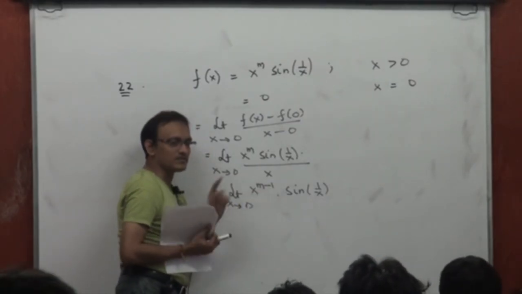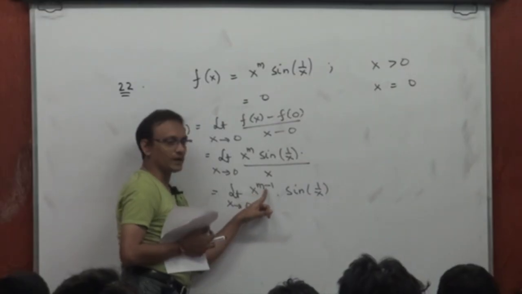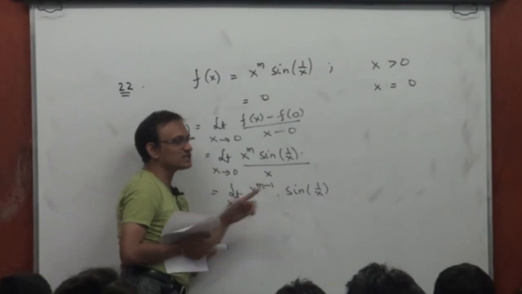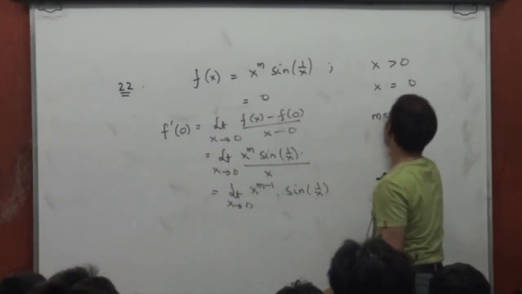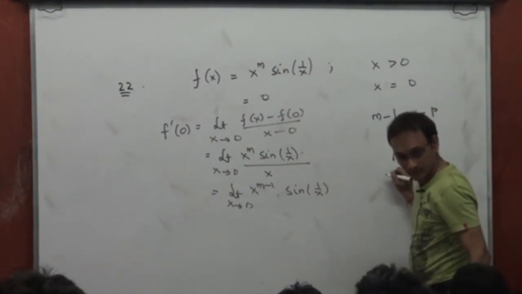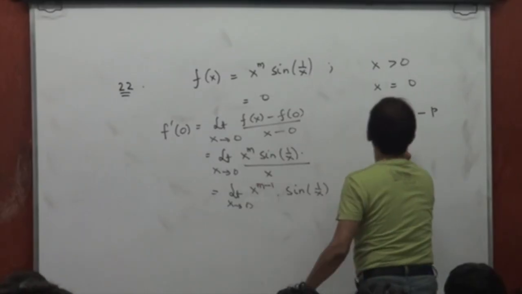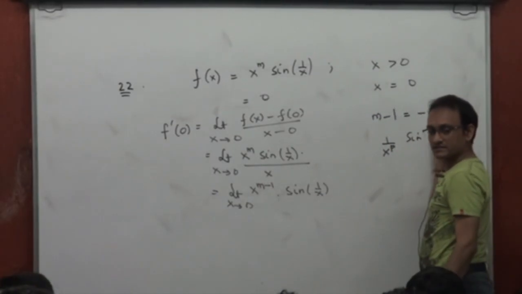See, if m is less than 1, for example, what would happen to this? M less than 1 means m minus 1 is negative. That means m minus 1 could be written as minus p, so this becomes 1 by x^p, where p is a positive number, times sin(1/x).